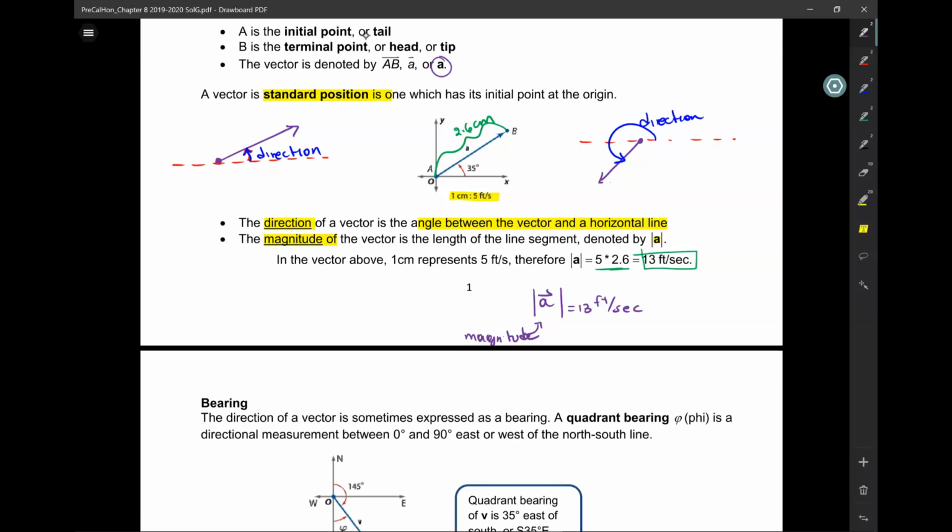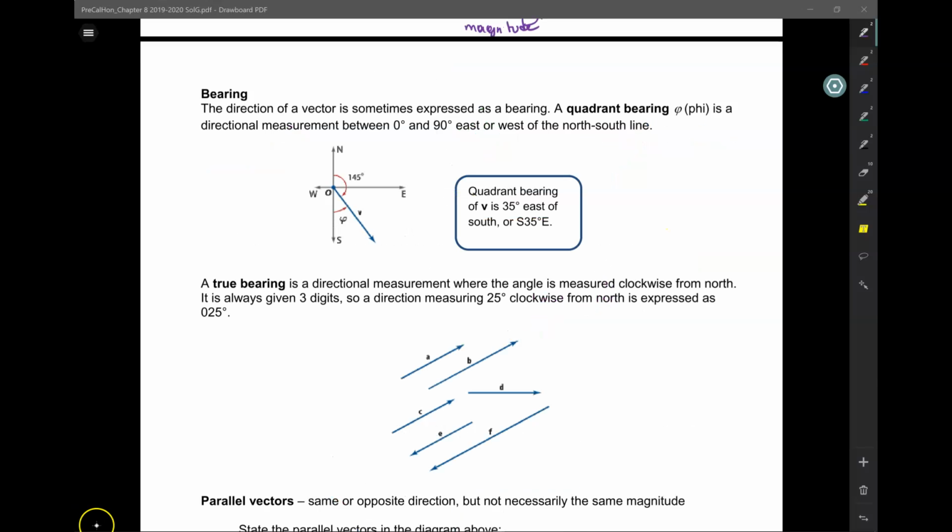Okay? Questions? Magnitude is just the numerical quantity without the direction.